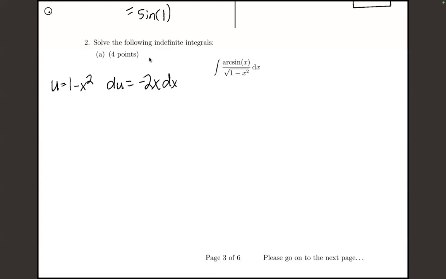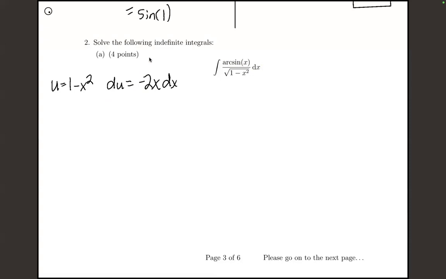And there's a reason that this is not going to work. I don't have an x that I can get from the problem. I can move this minus 2 over, no problem. But in here, I don't have x dx. I have arc sine x dx. So this is probably not the way to go about it.